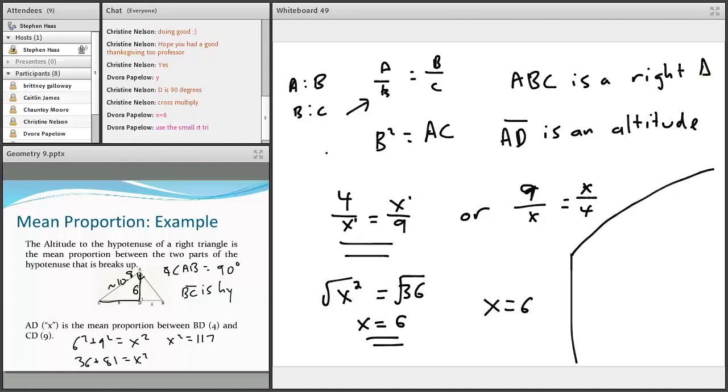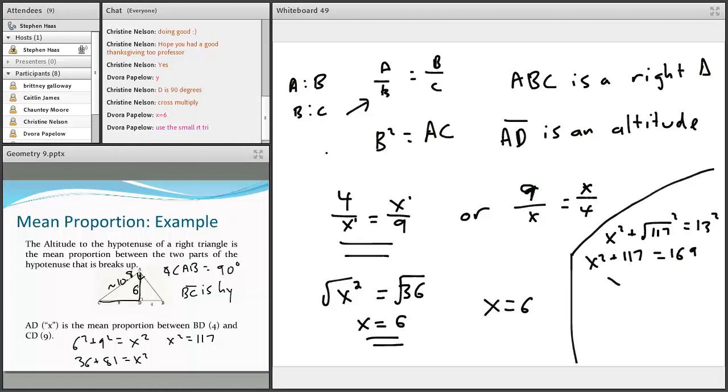Now, AB we'll call x, plus AC, which was the square root of 117, squared, equals c squared, which is, what was it, 9 plus 4 is 13, equals 13 squared. So this would be x squared plus 117, because the square root of 117 squared is 117, equals 169.